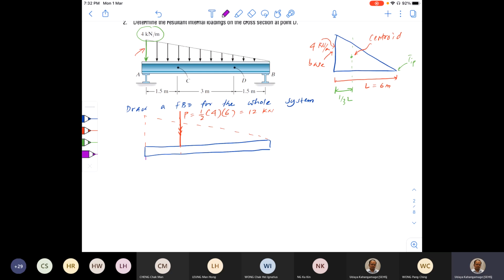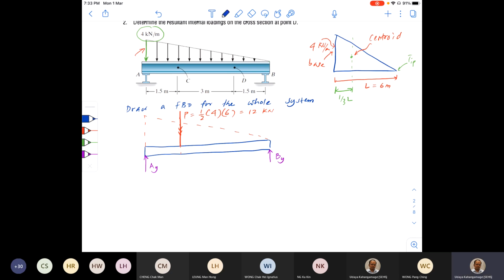Internally, not internally, external reaction force. There are going to be a reaction force at point A and B. They are all vertical because there are no other loads in other directions. So what is the size of that? We don't know, right? So just mark it as AY and BY.